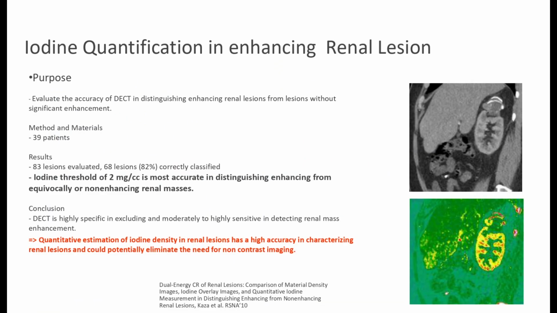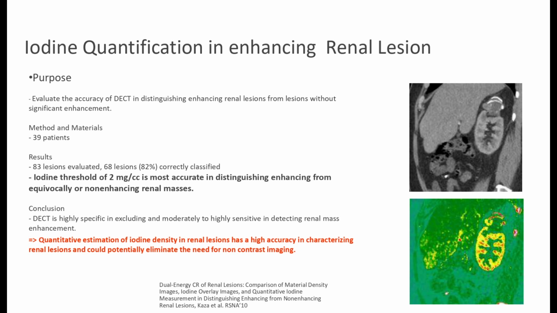We'll see some enhancing renal lesions. Okay. So what they were telling is, whenever you have an exophytic renal lesion like this, and you go to the iodine image and measure the iodine value, brightly enhancing lesions like RCC will typically have an iodine concentration of 2 milligram per cc or more.